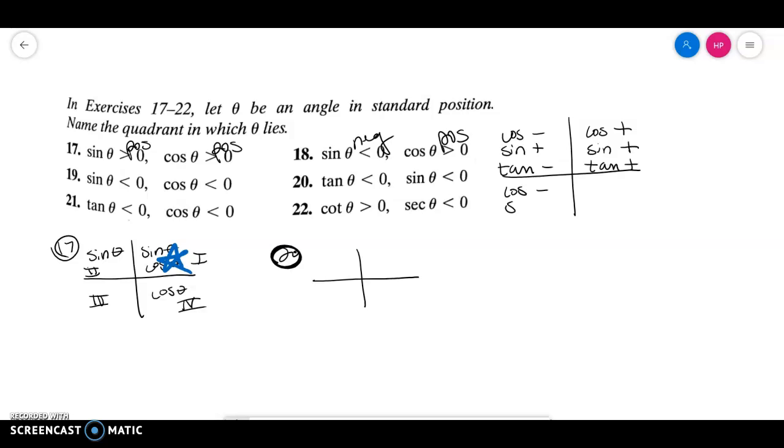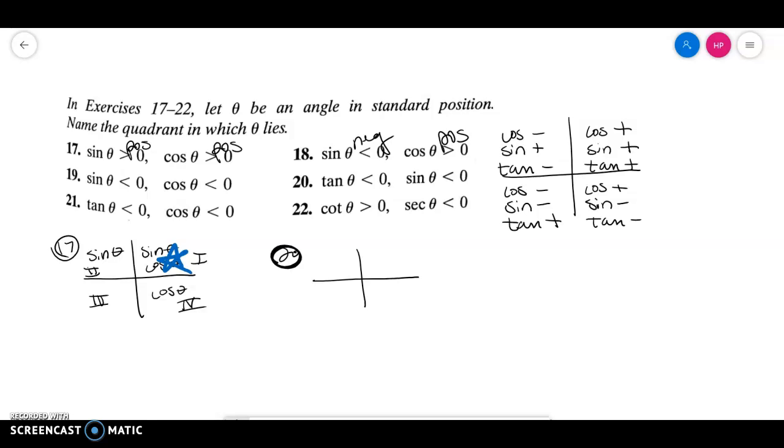In quadrant 3, I end up with 2 negatives being divided, so I end up with tangent being positive again, and then my positives, negatives here. So sine and cosine, we can remember sine is like y, so it's positive above, negative below. Cosine is like x, it's positive to the right, negative to the left. Tangent is the ratio, so tangent's in opposite quadrants. So in 1 and 3, it's positive, but in 2 and 4, it's negative.